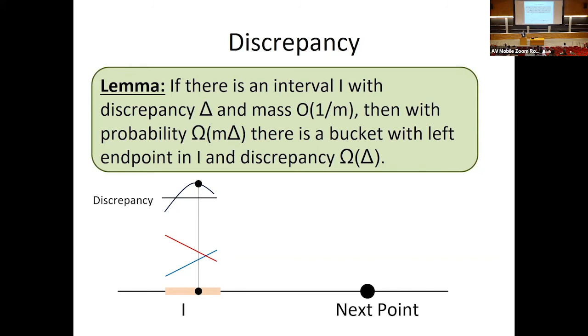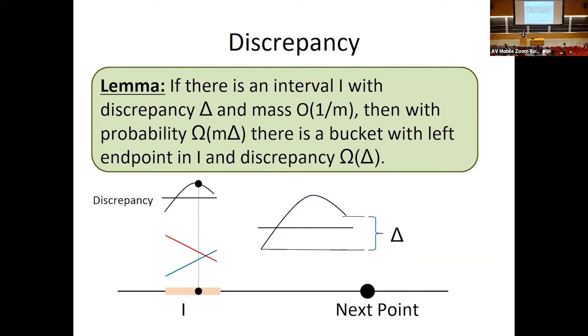Now, what do I know about that function? This interval captures a discrepancy of delta. That means that the difference over the whole interval, the probability assigned to P and the probability assigned to Q, differ by delta. And that tells you that if you look at this discrepancy curve, the difference between its value at the left endpoint of the interval I and the right endpoint of the interval I has to be delta.